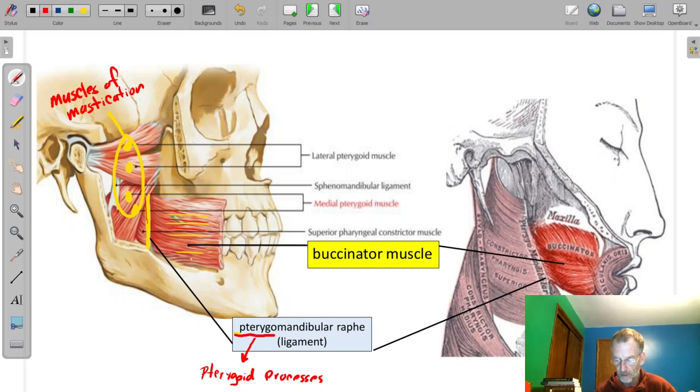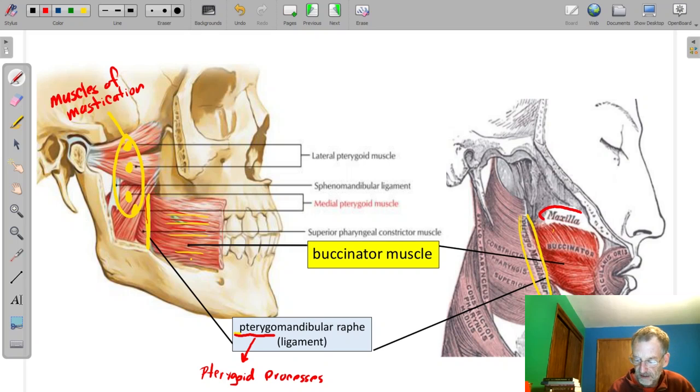And here is an old image out of one of the earlier editions of Gray's Anatomy. And here is the Buccinator again. And here is this pterygomandibular raphe, drawn a little bit different. This is the idea. And the Buccinator is attaching to the maxilla.